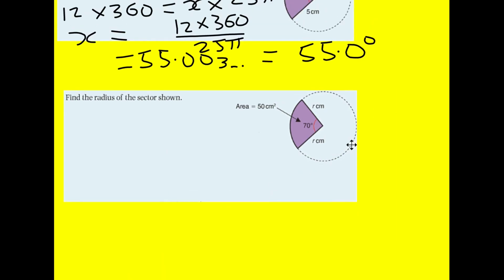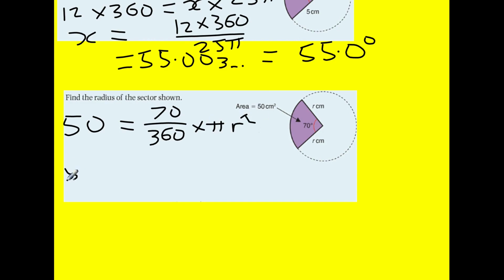Okay, this one is just a little bit different because now I want to find r, and we're going to see how that makes it different. I know the area, it's 50. 50 equals 70 over 360. I know the angle this time, multiplied by pi r squared.